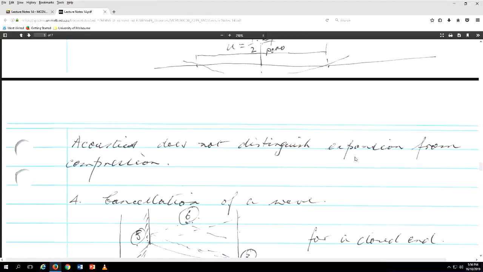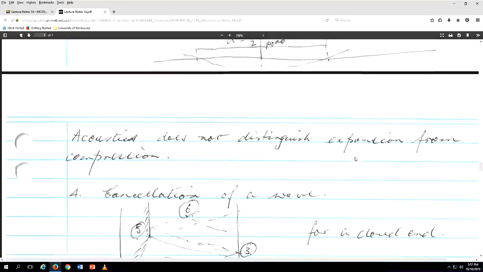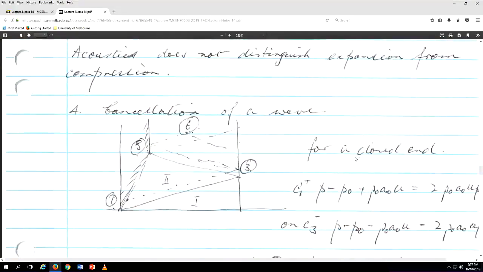So now another important idea that has spatial implications as well is the idea that you could cancel a wave. So you can see how we could cancel a wave. Let's work it out. So here's my piston velocity.